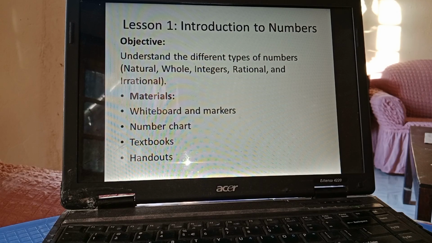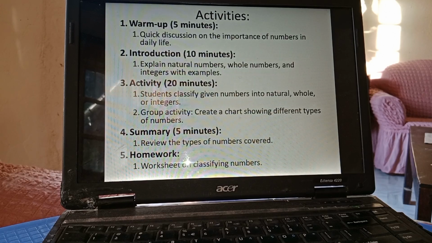That was just an introduction. Lesson 1 is introduction to numbers, and the objective will be to understand the different types of numbers: natural, whole, integers, rational, and irrational. The materials you'll be required to have are whiteboard and markers, number charts, textbooks, and handouts.